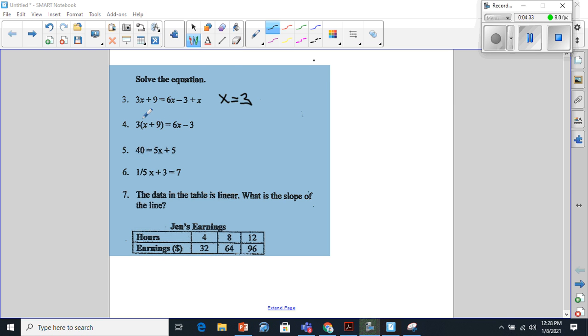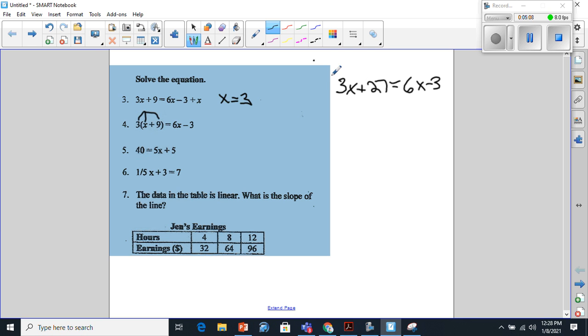For number 4, I see I have to distribute properties. I'm going to take the 3 and multiply it to everything inside of my parentheses. 3 times x is 3x. And 3 times 9 is 27. And that has to equal 6x minus 3.